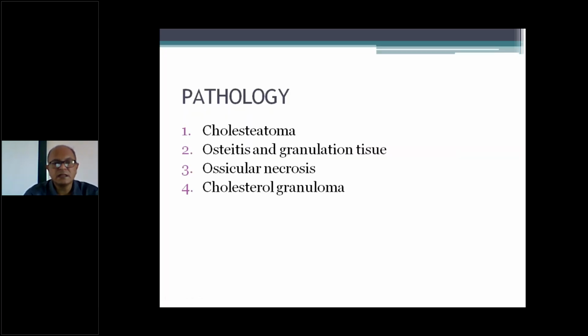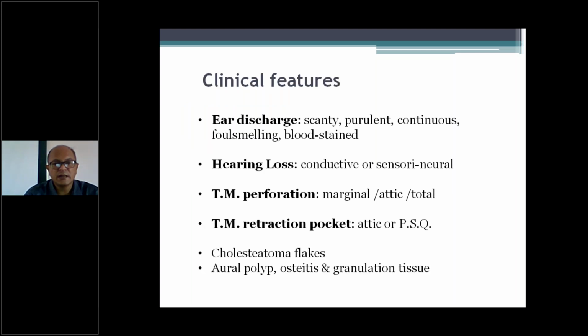Now, these are the pathologies: cholesteatoma, osteitis and granulation tissue, ossicular necrosis, and cholesterol granuloma. The clinical features: ear discharge is scanty, purulent, continuous, foul smelling, and blood tinged. Hearing loss is of the conductive or sensorineural type.